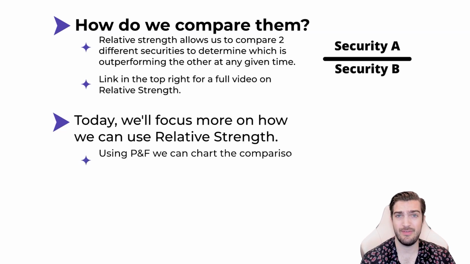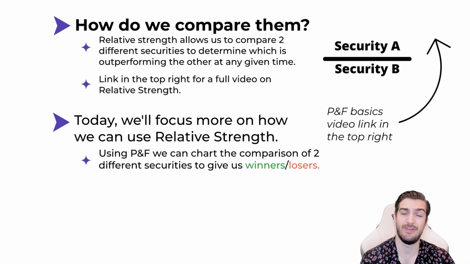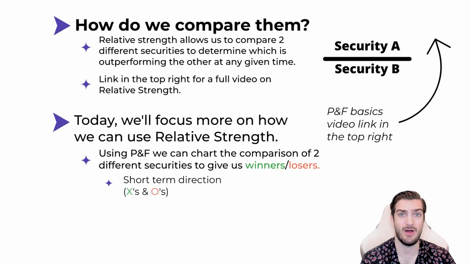We can use relative strength to create pairs of two different securities, and using a type of charting known as point and figure, again, link to our point and figure introduction video up in the top right, we can find our leaders for both short-term direction, represented by the point and figure columns of X's or O's. X's indicate a positive direction, whereas O's indicate a negative direction.